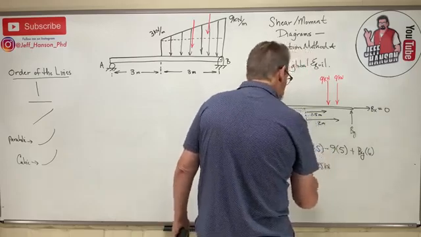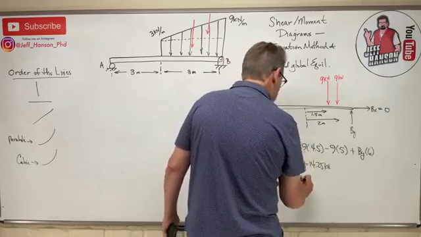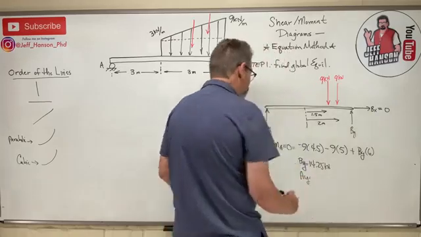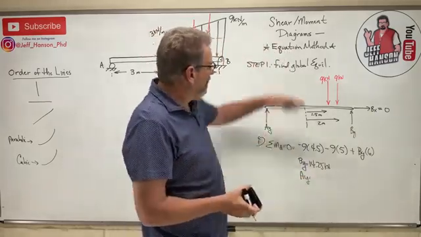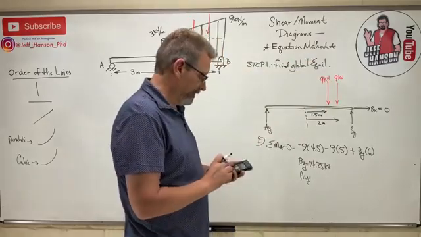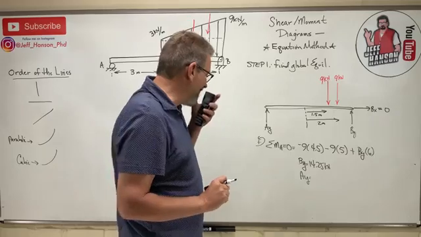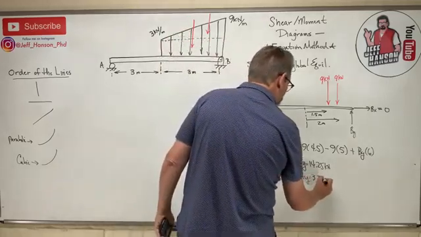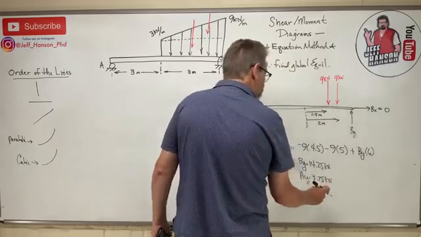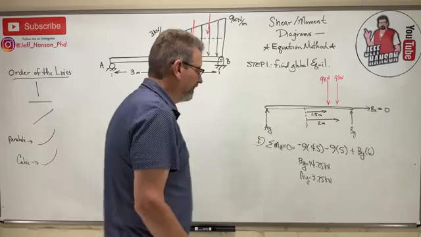I'm sorry, that's not BY, is it? No, it is BY. So what does that make AY equal to? Up stuff has to equal the down stuff. I've got 18 going down, so minus 18 makes AY 3.75. AY plus BY equals the down stuff.